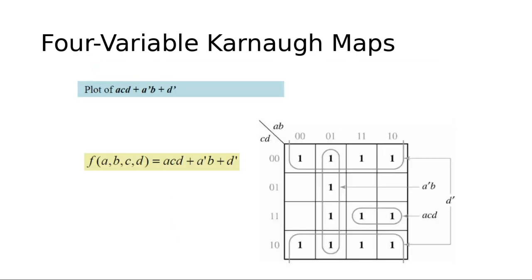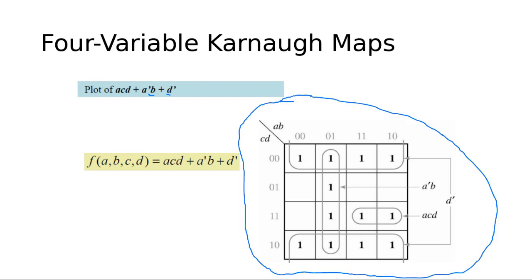Okay, so take a look at that plot of ACD or not B, not AB and not D. Okay, let's see that. You have this function, this one, and you need to square. You have this one with 4 variable square.